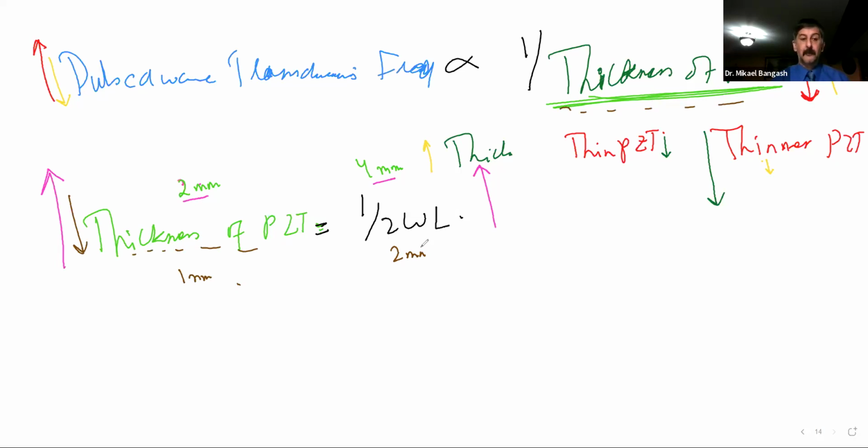That makes sense. But what we mainly can see here is that the greater the wavelength is usually due to a thicker PCT. The smaller the wavelength is due to a thinner PCT. So if you look at it, the thickness of the PCT is going to be directly proportional to the wavelength, if you want to put it that way, right?